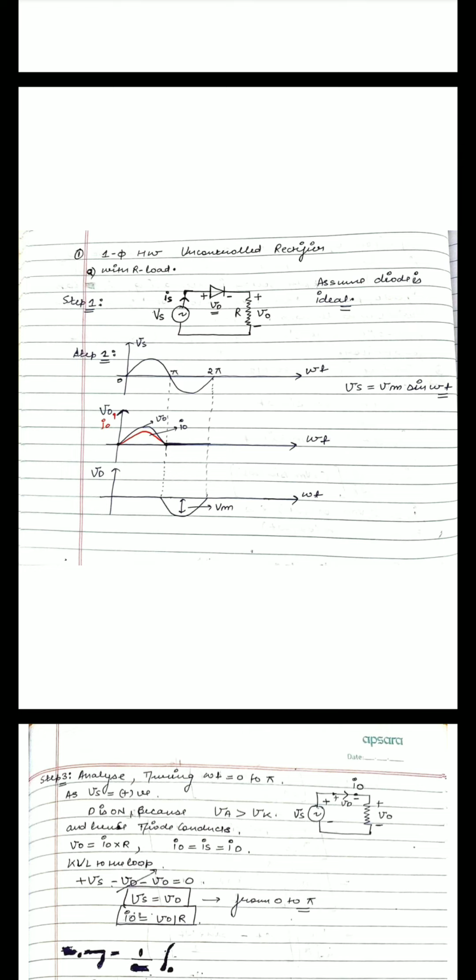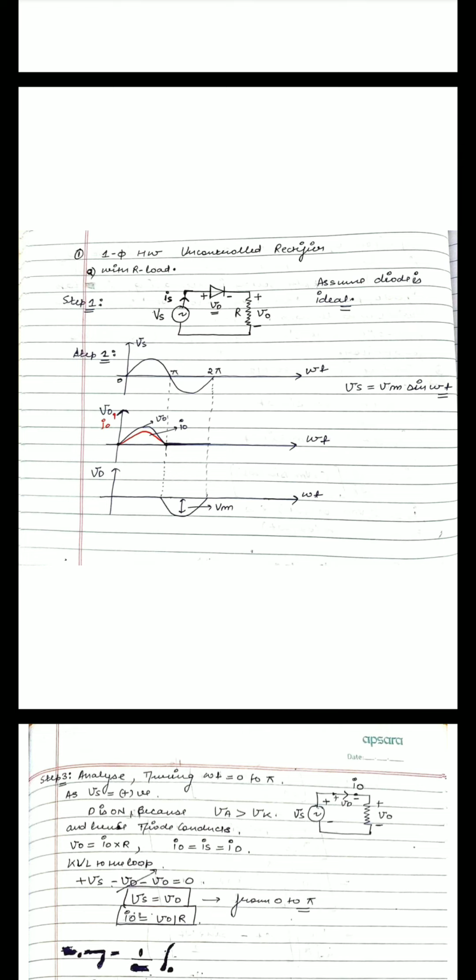So it is not controllable. Whenever the anode potential is more positive than cathode potential, the diode will conduct. So it is uncontrolled. That's why in this diagram we are using diode, which is an uncontrolled switch.